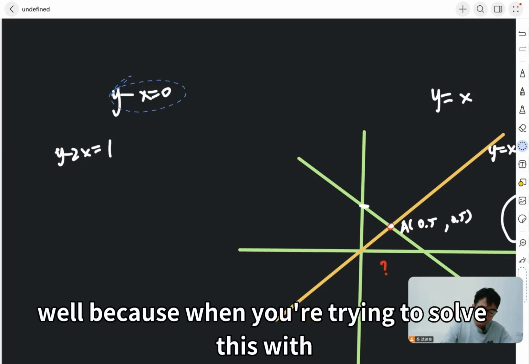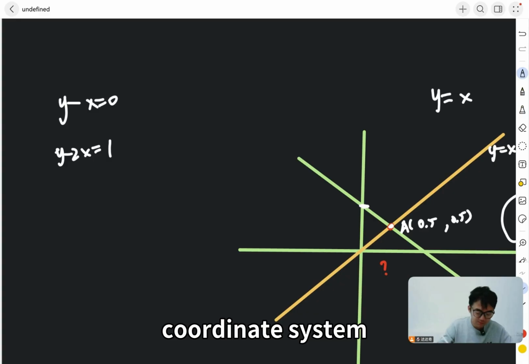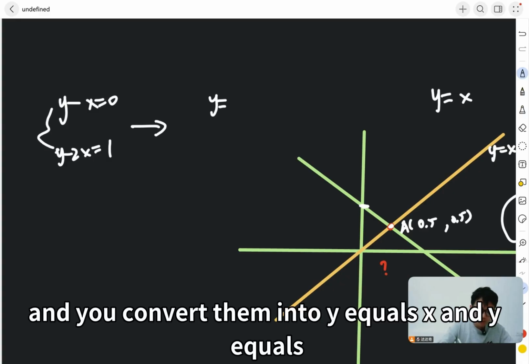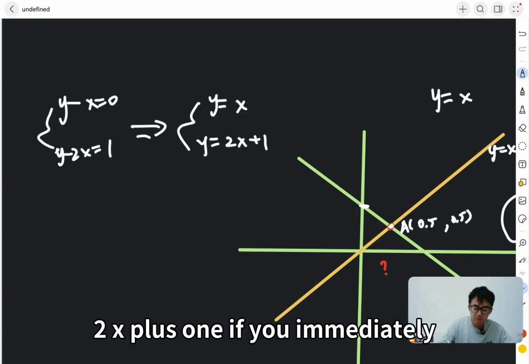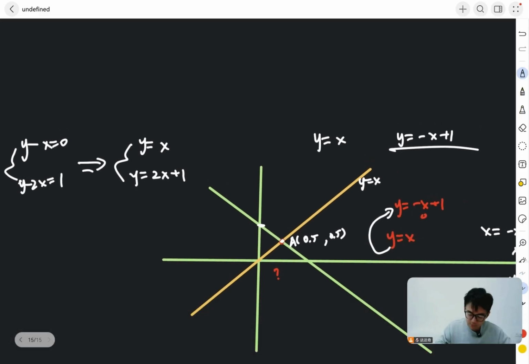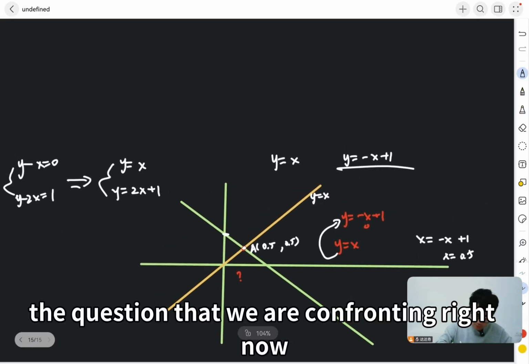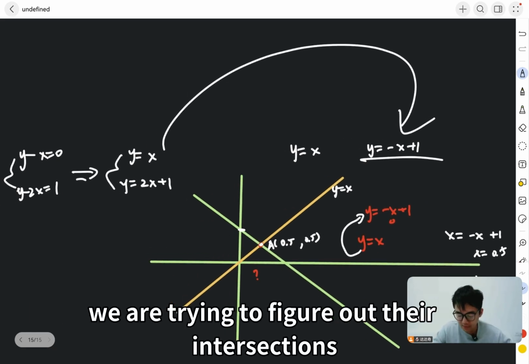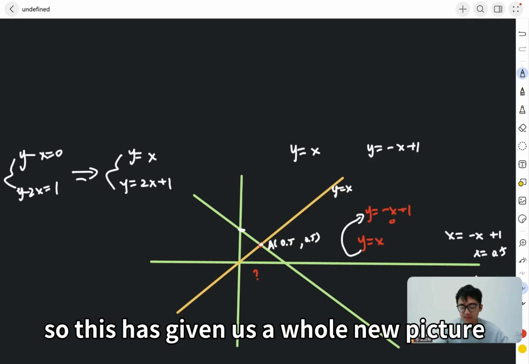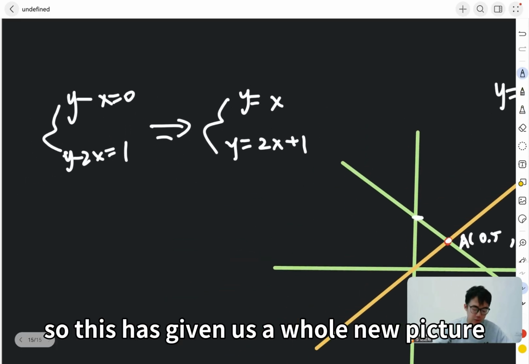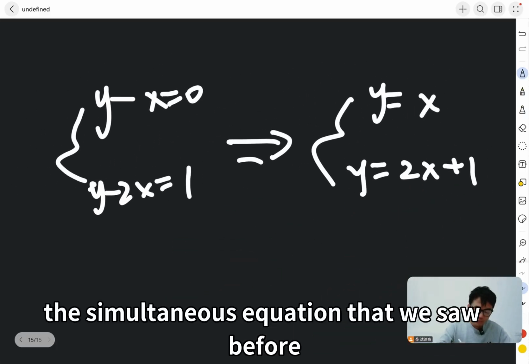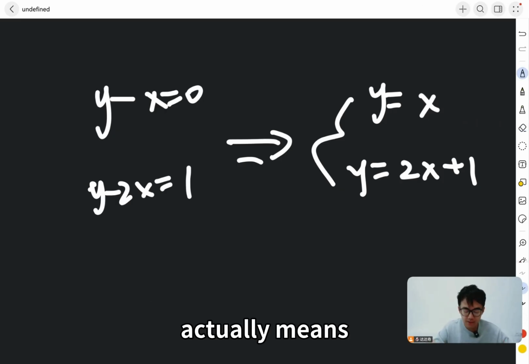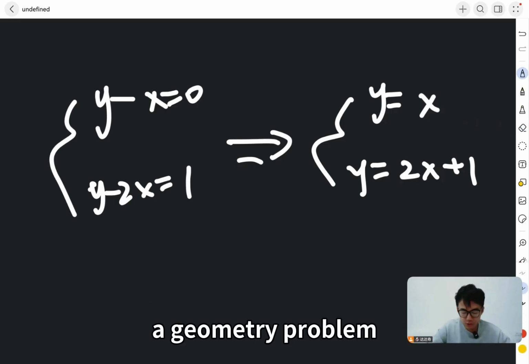Well, because when you're trying to solve this with the coordinate system, and you convert them into y equals x and y equals 2x plus 1, the question is that we're trying to figure out their intersections. So this has given us a whole new picture. The simultaneous equations that we solved before actually mean a geometry problem.